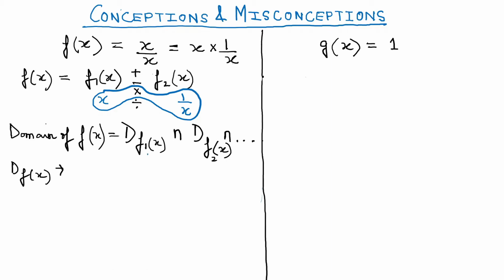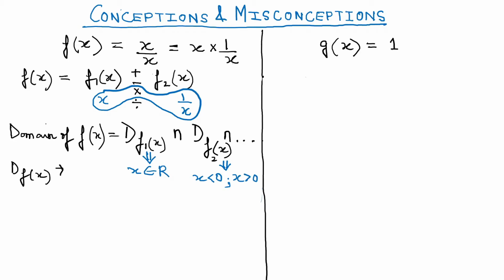So what is the domain of f(x)? We know that the domain of x is real numbers, and we can find it out also. What is the domain of 1/x? We know by now that the domain of 1/x is x less than 0 union with x greater than 0.